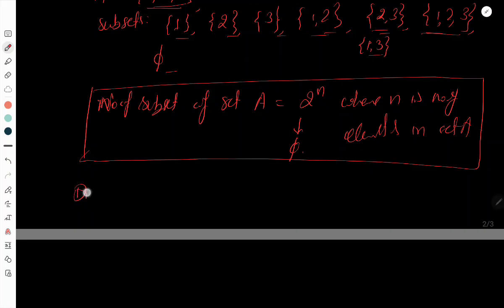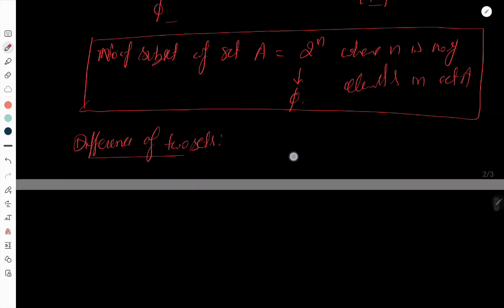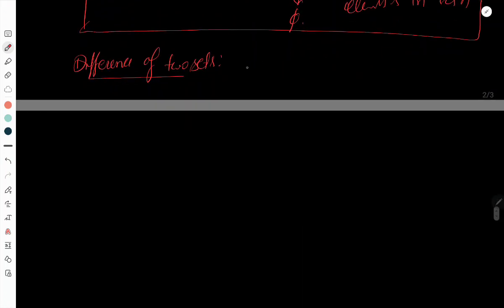Now, difference of two sets. Difference is represented as, let's say A and B are two sets.